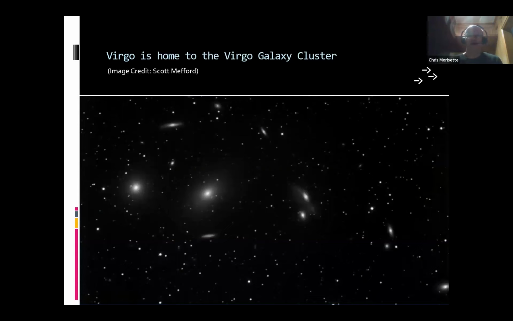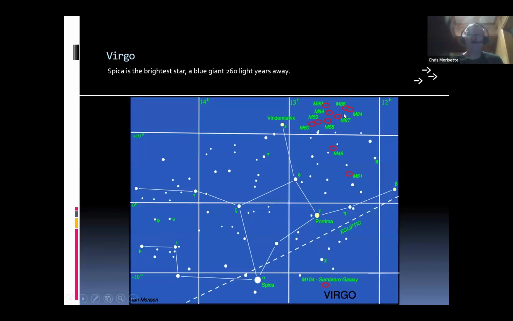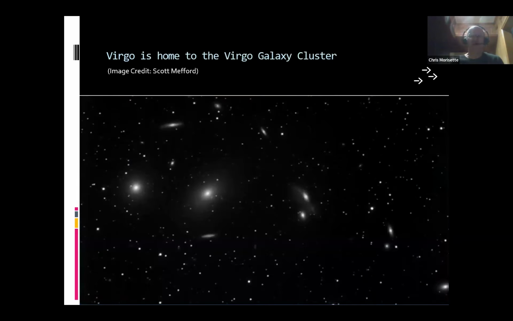So what you see here is a picture of a group of galaxies called Markarian's chain. I can't point out the exact ones, but it's tucked up into this grouping of galaxies up here, and that's what you're looking at.